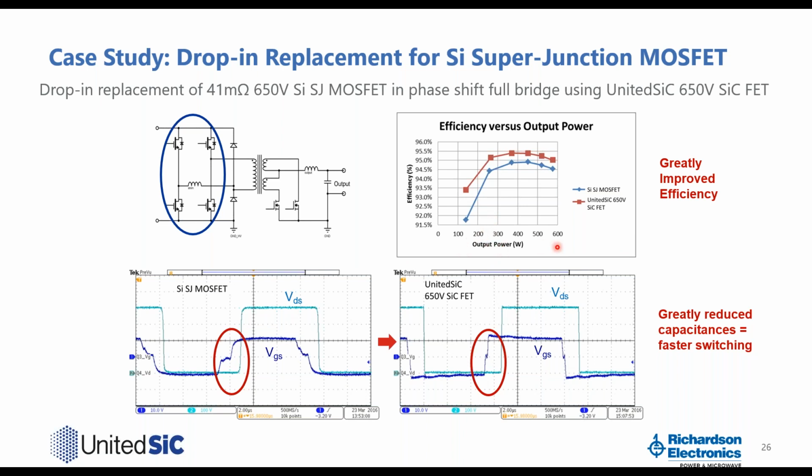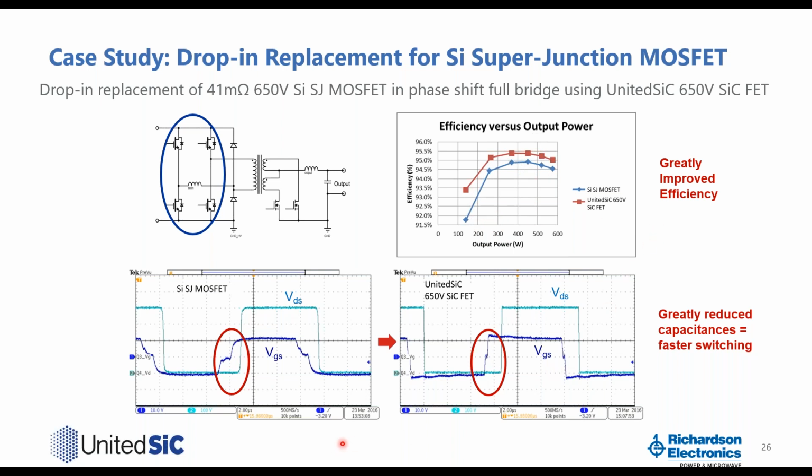output power range. This is really great because a lot of users, for example in server power applications, really care about the efficiency not only at full load, but also at mid and light load.